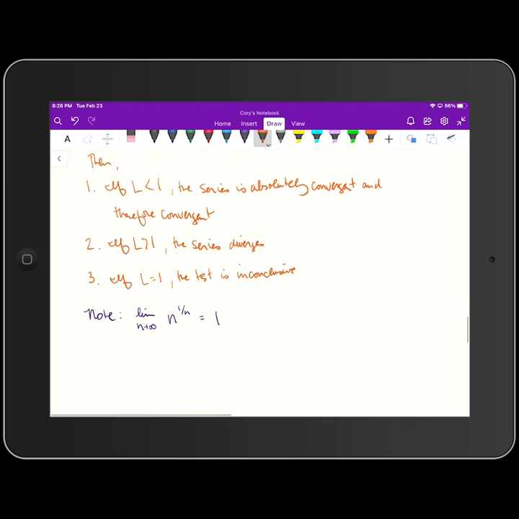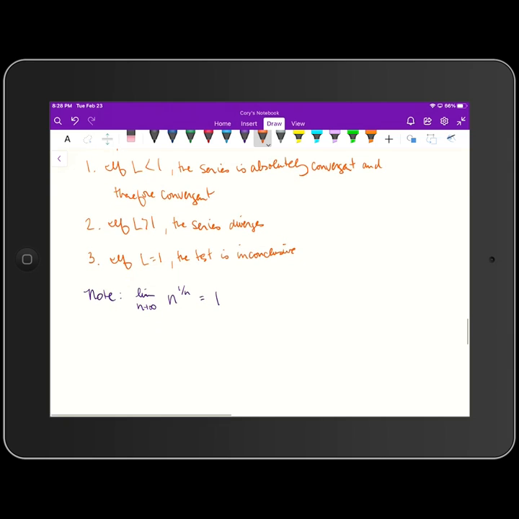Now, there is a limit that you run into quite frequently when using the root test, and that's the limit as n goes to infinity of n raised to the 1 over n power, and that limit is going to be equal to 1. Let's take a look at why that limit is what it is.